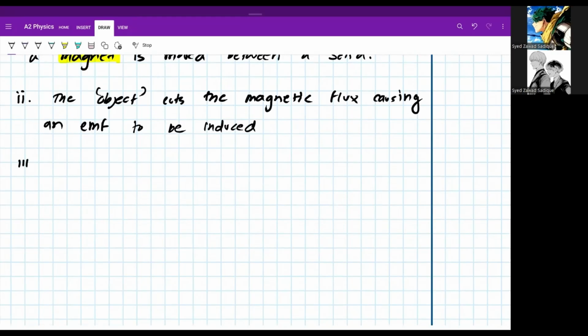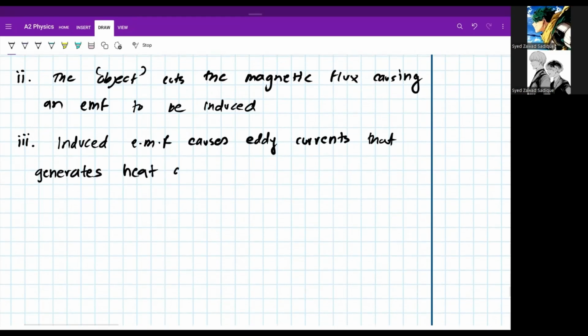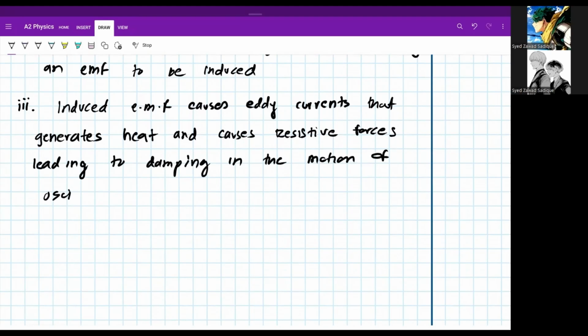Number three, the induced EMF causes eddy currents that generate heat and cause resistive forces, leading to damping in the motion of oscillation.